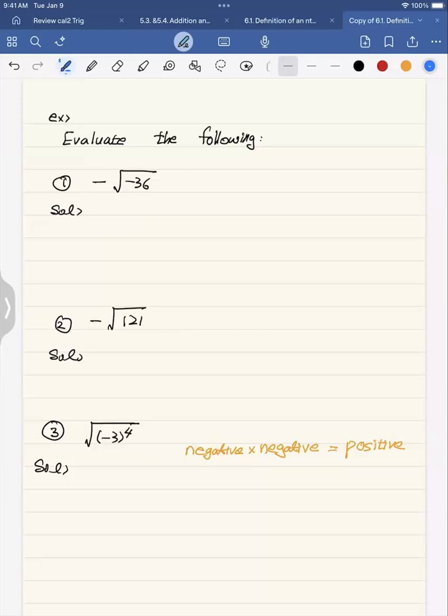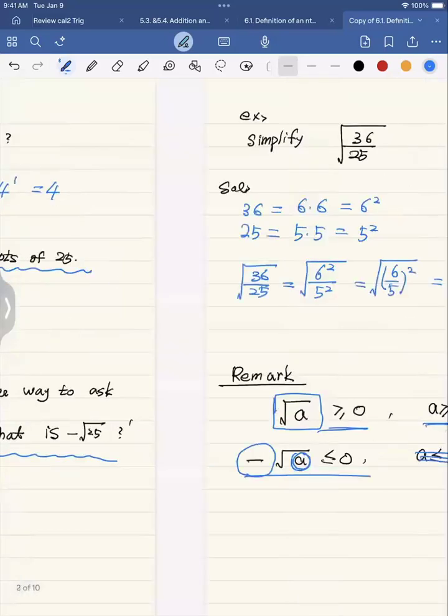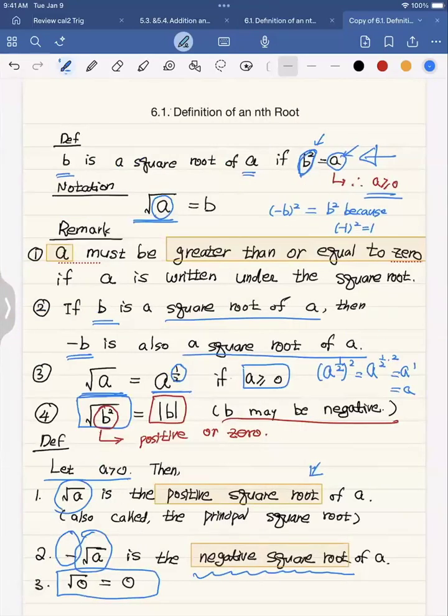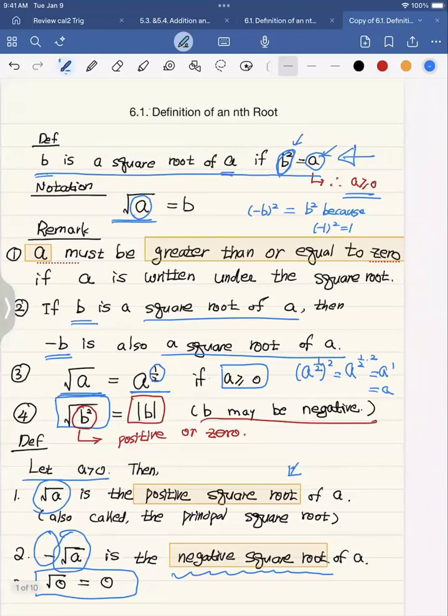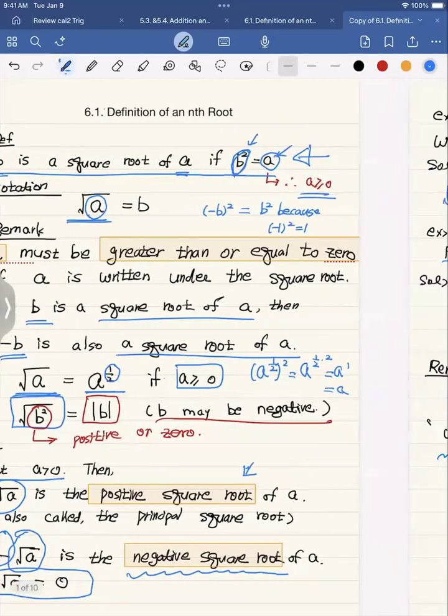Evaluate the following. We have minus square root of minus 36. When we consider the definition of square root here, b is a square root of a if b squared equals a, right?